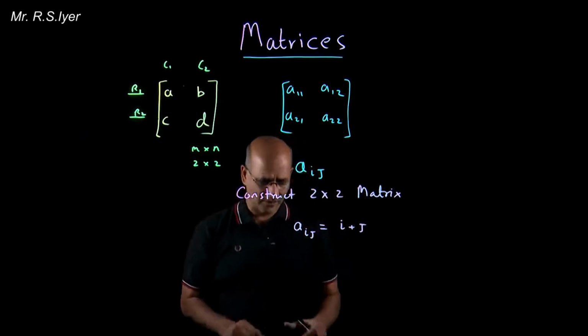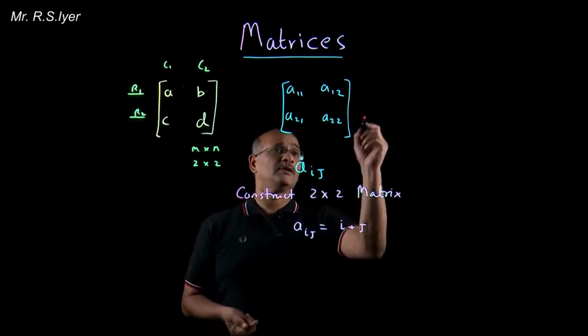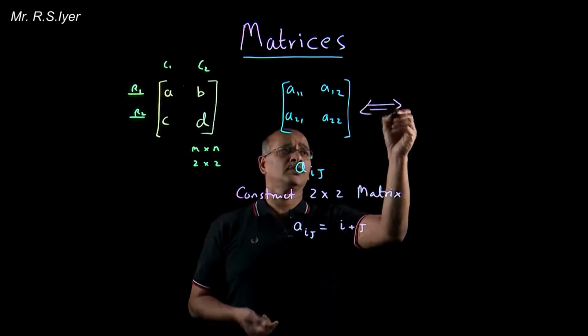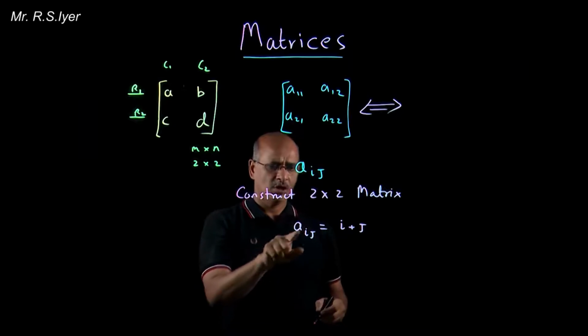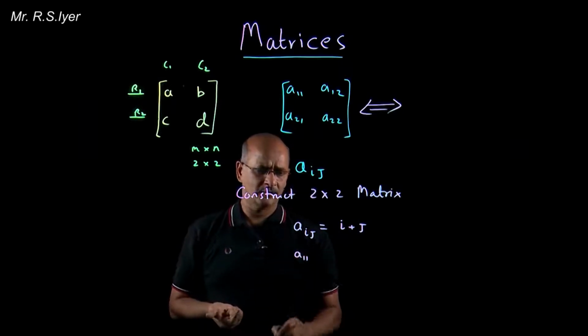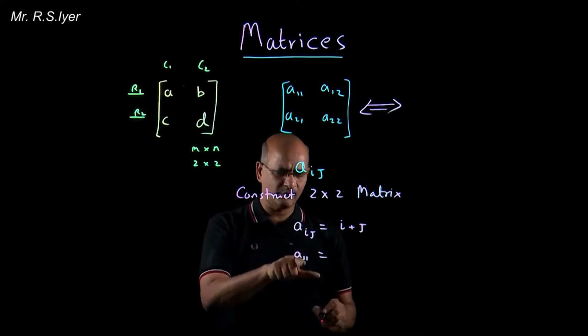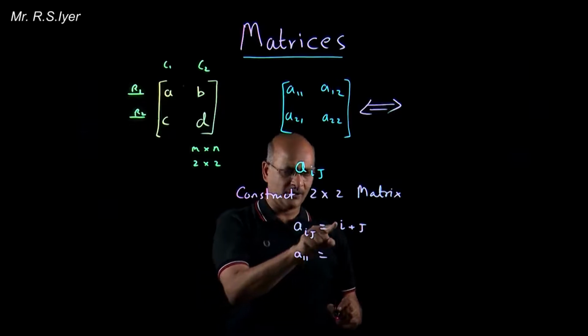First of all, a 2 by 2 matrix corresponds to the elements A11, A12, A21, A22. Let us talk about A11. When I say A11, i stands for 1 and j stands for 1.